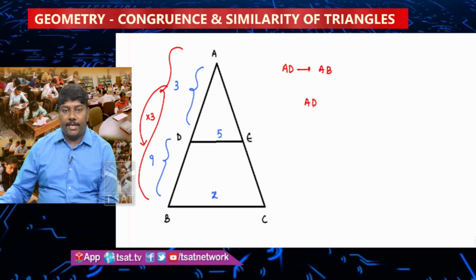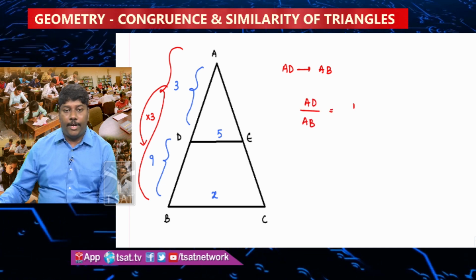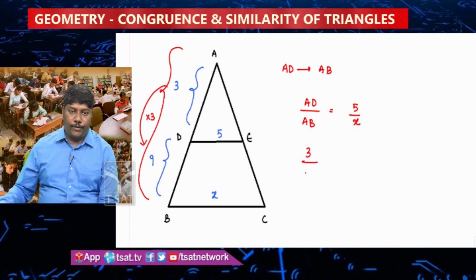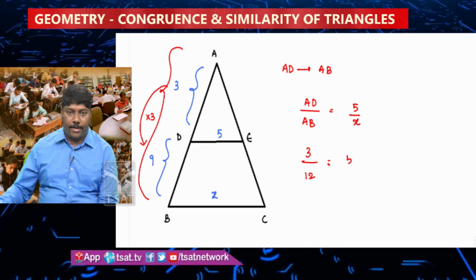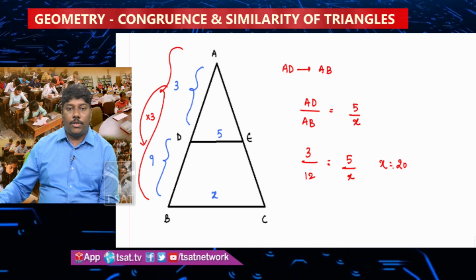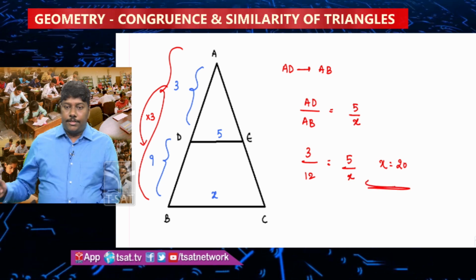So, the similarity says AD by AB is equal to 5 by x. So, 3 becomes 12, that is 4 times, therefore 5 becomes 20. x is equal to 20. And their areas are also very, very important.